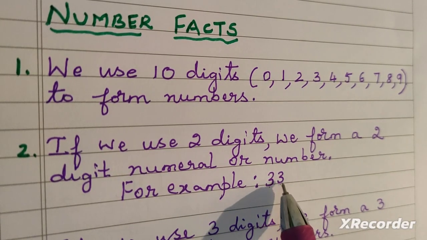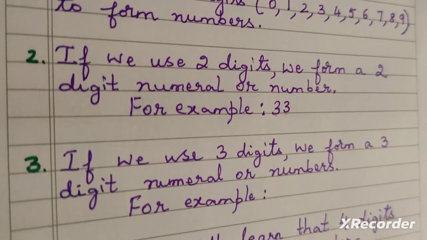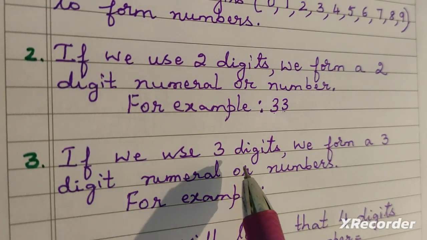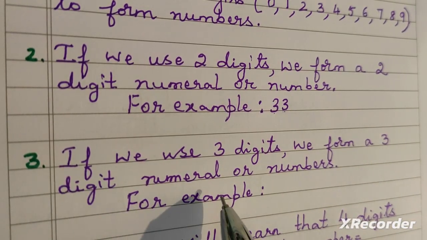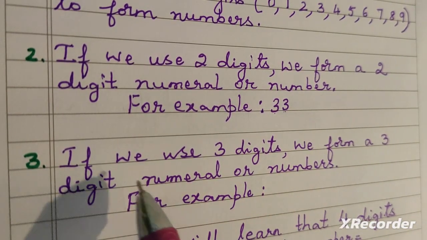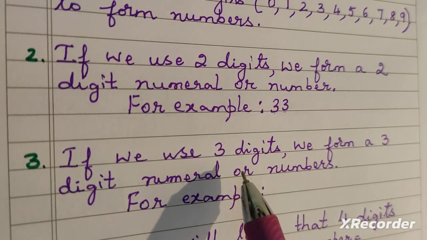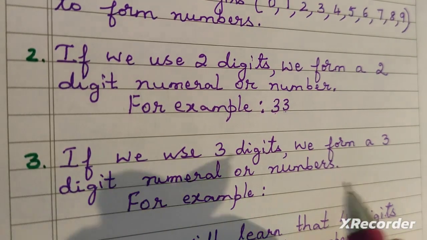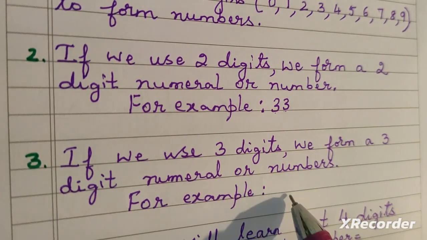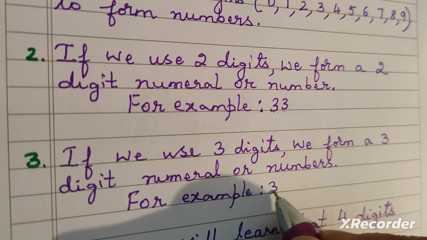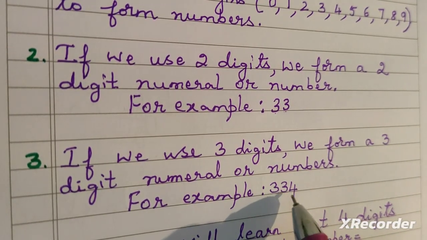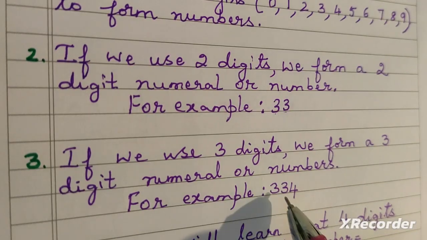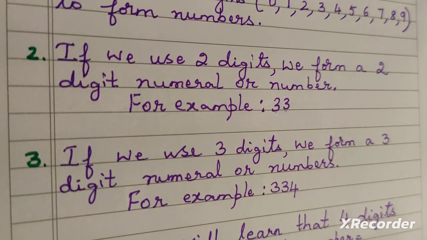So this is a 2-digit number. If we use 3 digits, we form a 3-digit numeral. Suppose we take 33 plus one more number: 3, 3, 4. So this will be a 3-digit numeral. 1, 2 and 3.